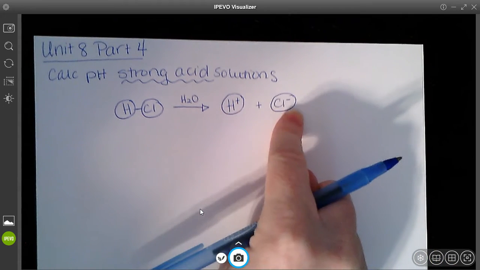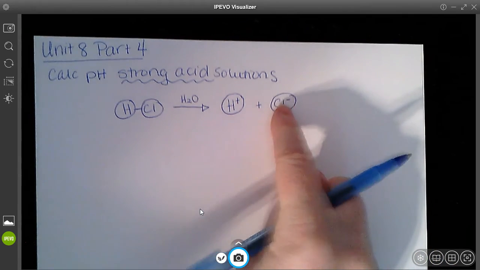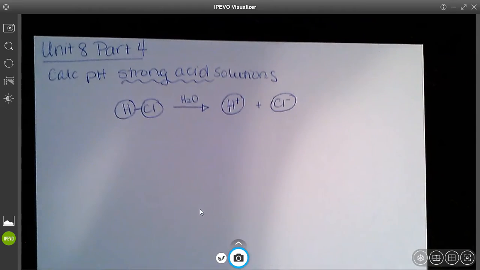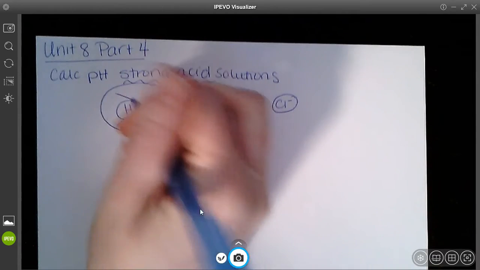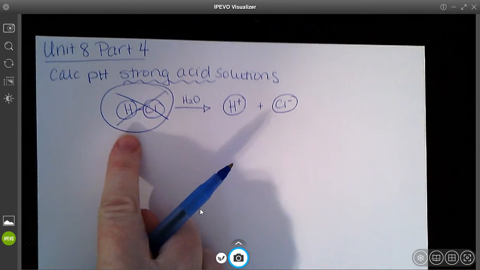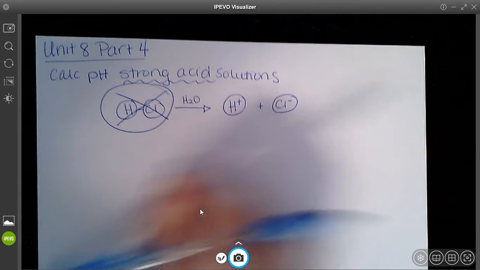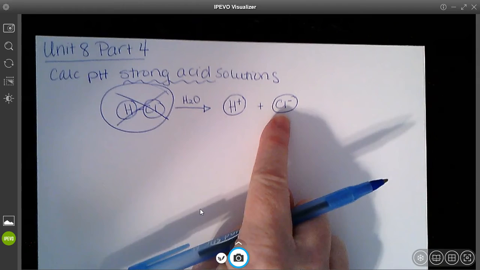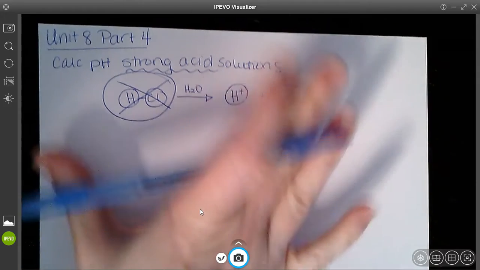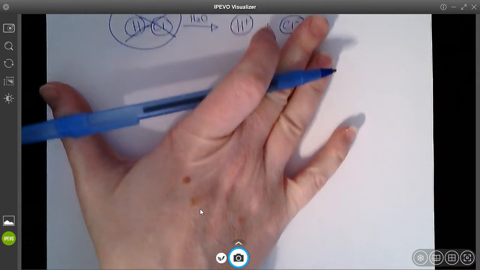Remember, the hydrogen is going to lose its electrons to chlorine, so chlorine will be negative. Hydrogen is going to be that proton. And at this point, we don't have any HCl molecules left. That's what makes this a strong acid, that everything dissociates into hydrogen and chlorine on its own. Okay, so let's just keep that in mind for our later discussions.